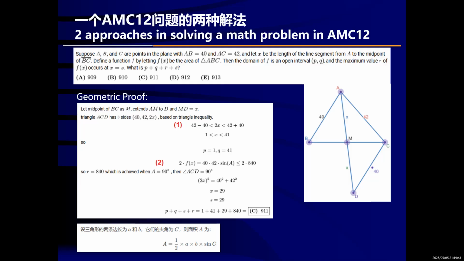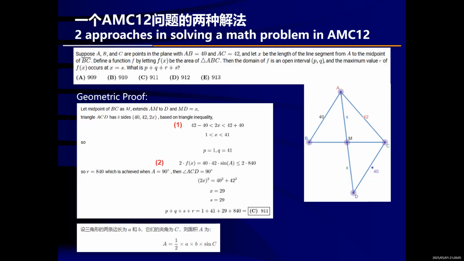Does anyone know why? Think about it. According to the Pythagorean theorem, we have (2x) squared equals 40 squared plus 42 squared. Solving this equation, we get x equals 29.